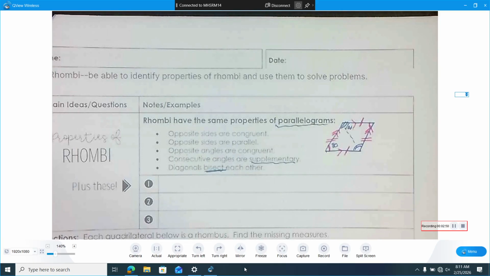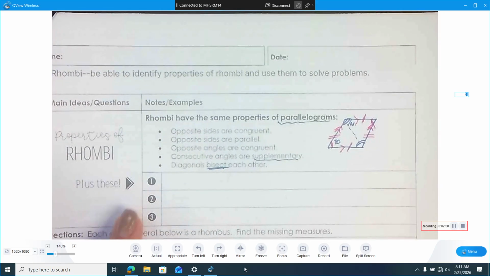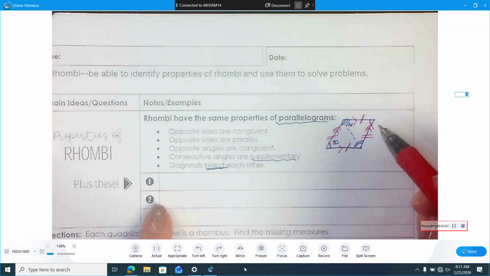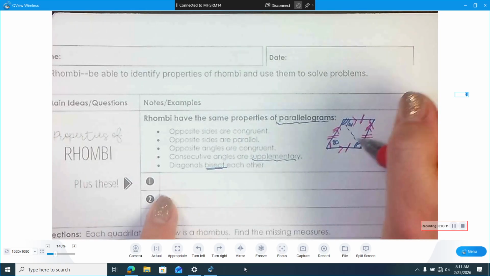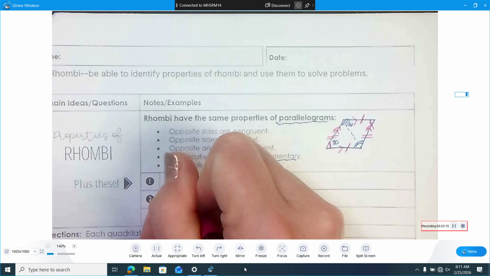Now, a rhombus has a few extra things that we want to make sure we understand. It turns out, not only are the opposite sides congruent, but actually all four sides are congruent.